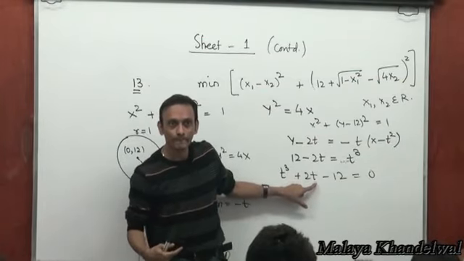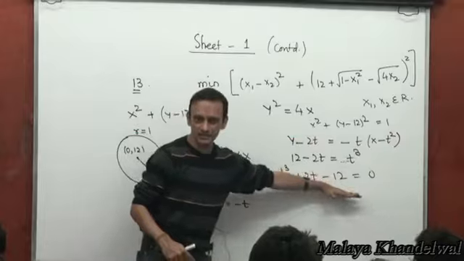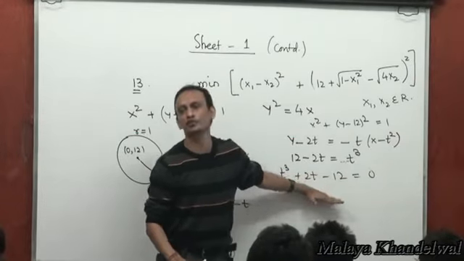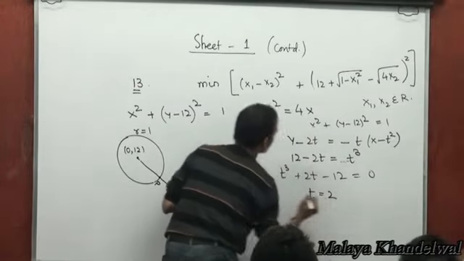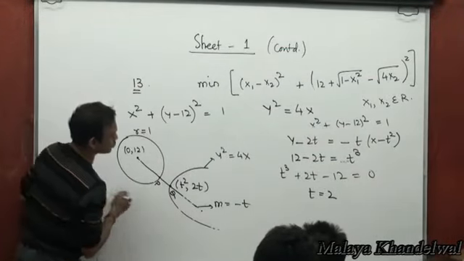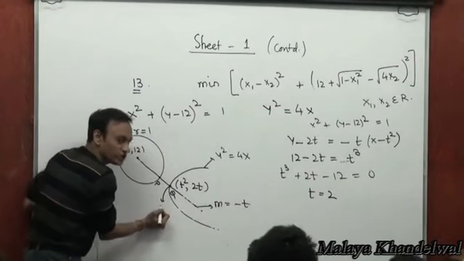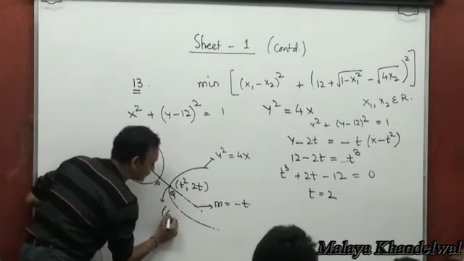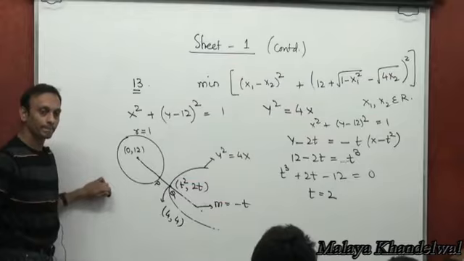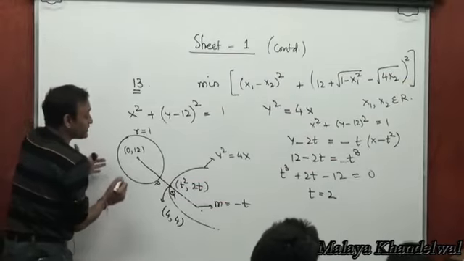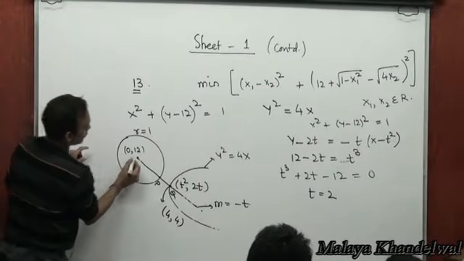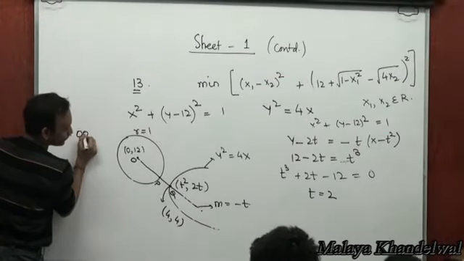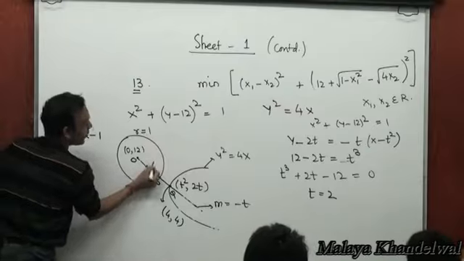Yes or no? So you can factorize this. We know for sure t equal to 2 is a solution. And once I know t equal to 2 is a solution, then I know the coordinates of Q. The coordinates of Q would be (4, 4), right? So then the required distance PQ is going to be the distance OQ minus the radius, 1 unit, of the circle.